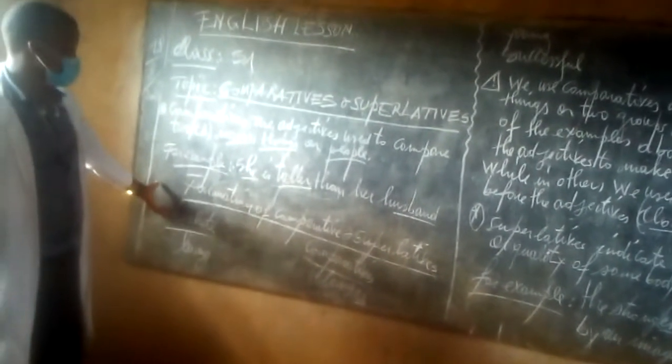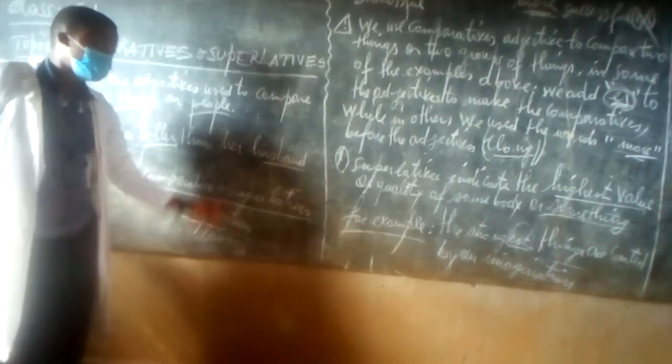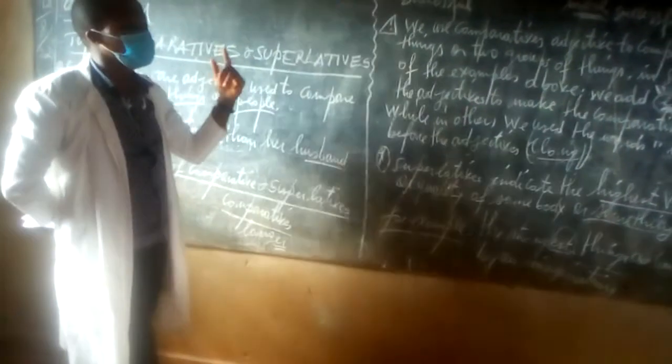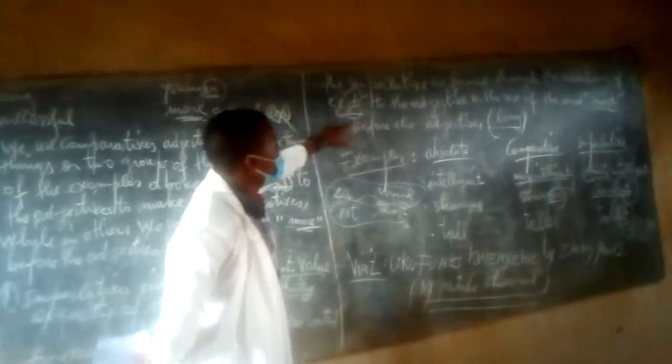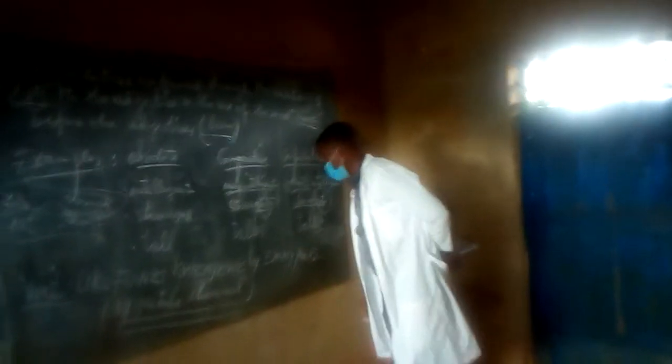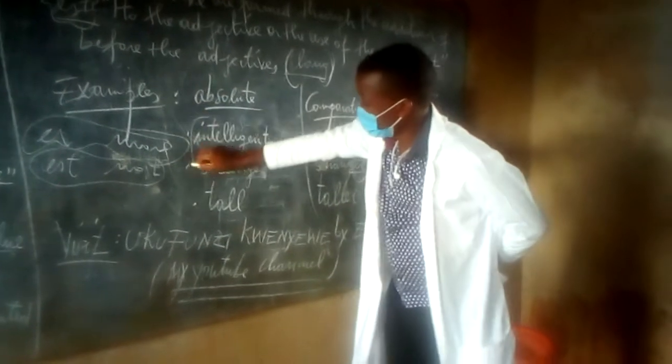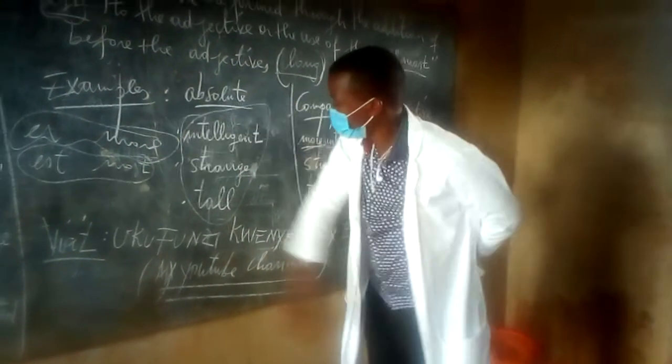For example, you can say longer, that is a comparative. But in superlative, you will say longest, to mean the thing you are talking about has the highest value or quality. Here is a summary: this is an example of comparative, and this is an example of superlative.